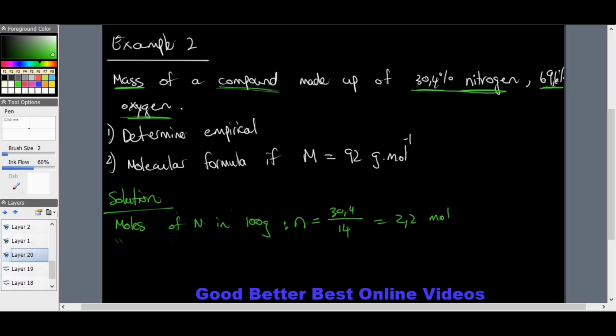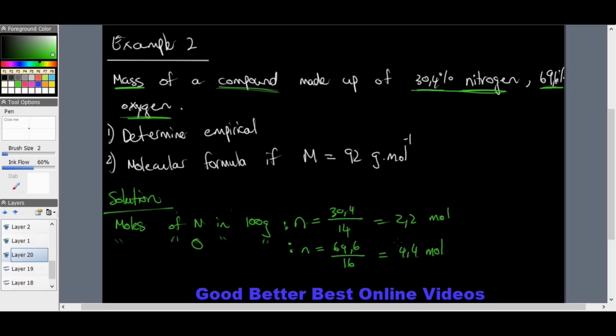We do the same now for oxygen, 100 grams. n is equal to 69.6 divided by the molar mass of oxygen, which is 16. And that gives us about 4.4 mole.